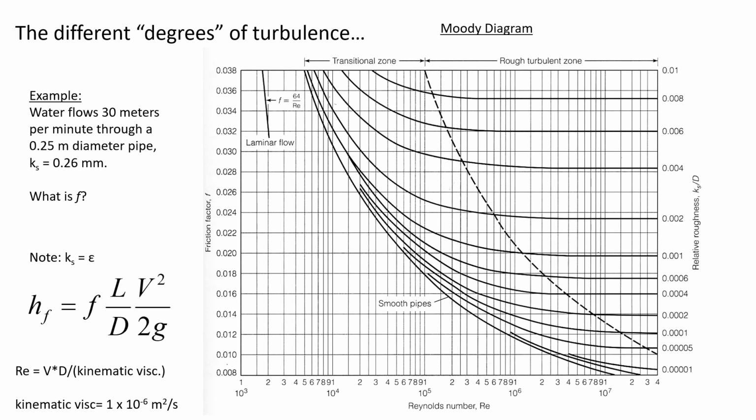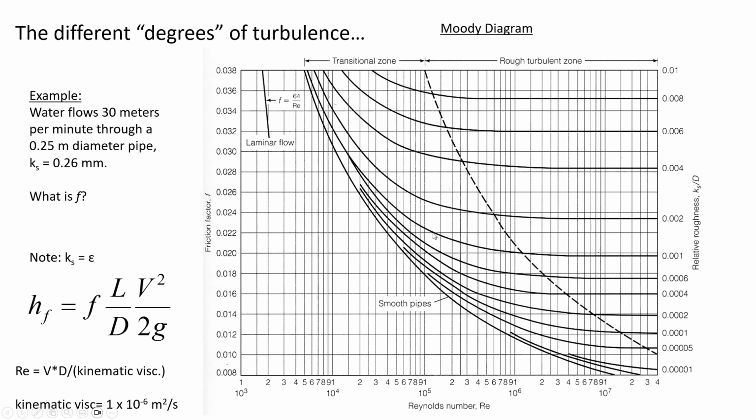It's almost as though I created this example so that it would be right at that point where it crosses over to give a friction factor of 0.022. So F, in this case, should be 0.022. Just to revisit, we start with a Reynolds number of 1.25 times 10 to the fifth and go up, looking for where it intersects with 0.001.